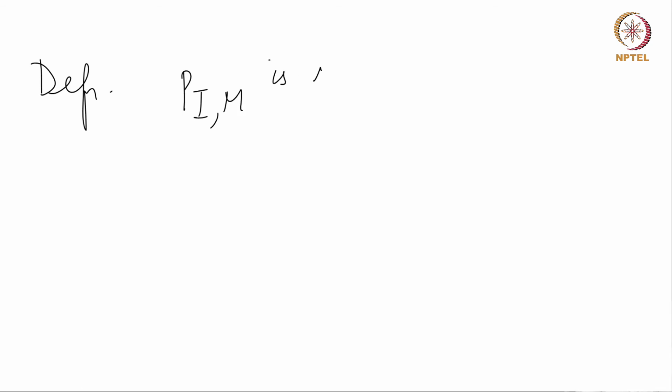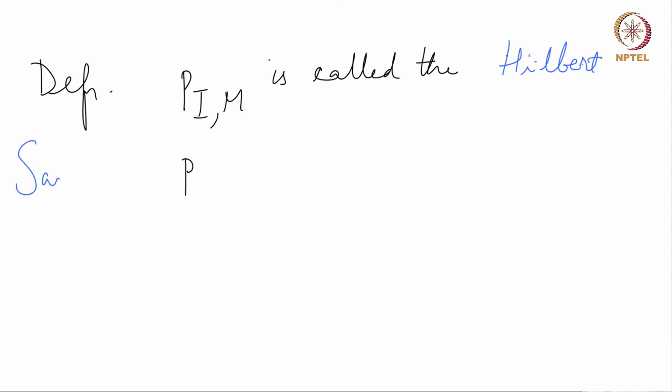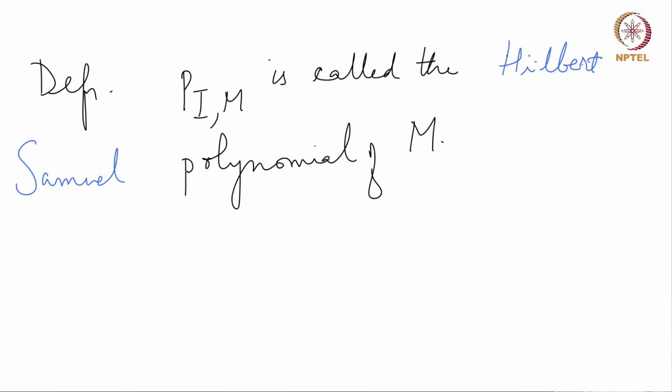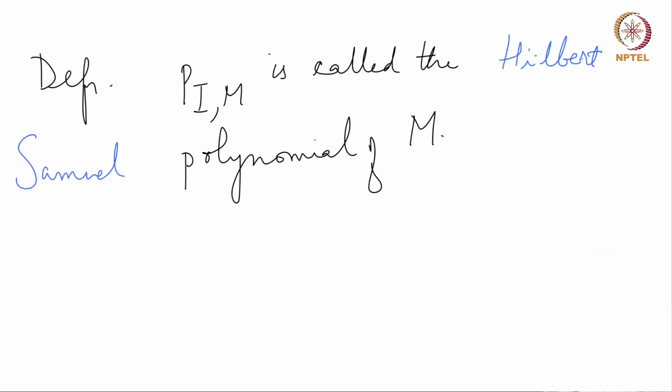P_I^M is called the Hilbert Samuel polynomial of M. When we prove it, we will get some idea of what the degree is, etc.